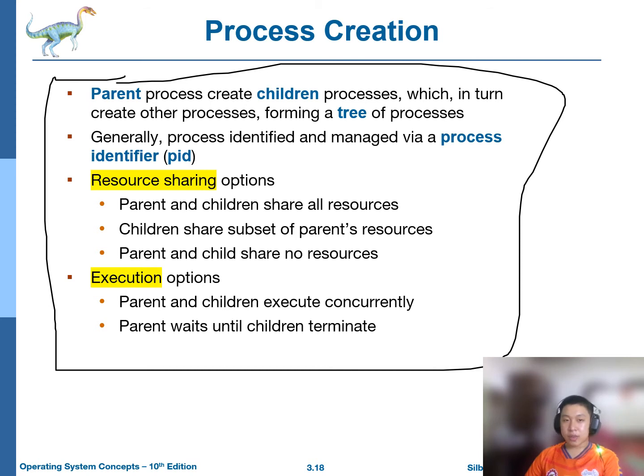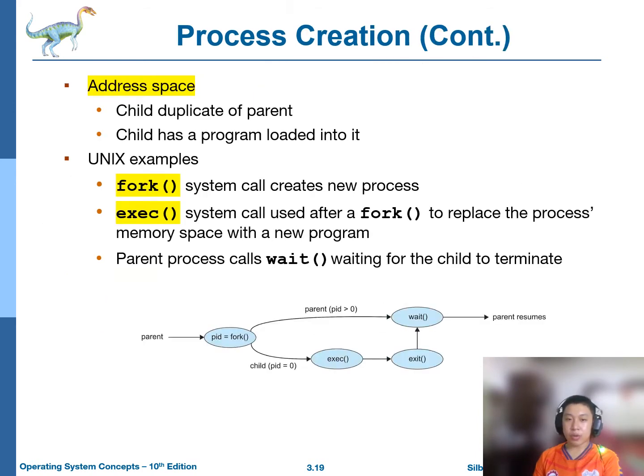Resource sharing options: parent and children share all resources; children share a subset of the parent's resources; or parent and children share no resources. Execution options: parent and children execute concurrently, or the parent waits until the children terminate.